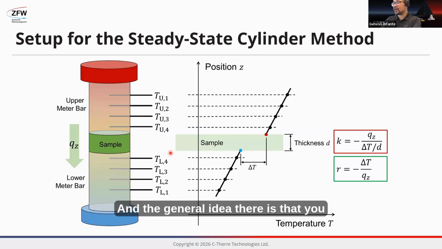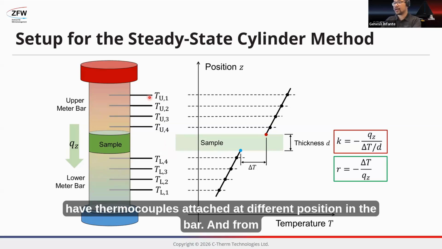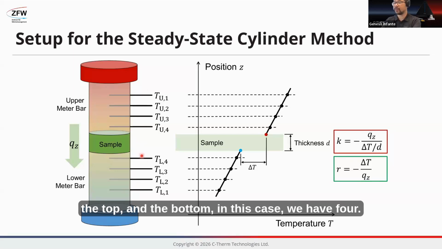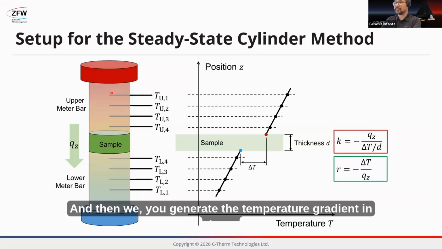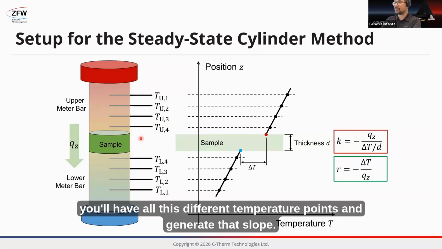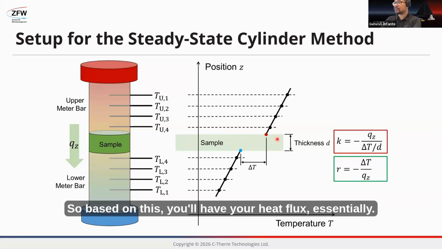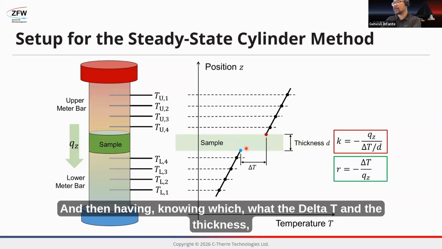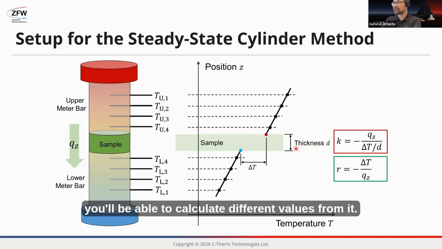The general idea is that you have thermocouples attached at different positions in the bars, in this case four on the top and the bottom, and then you generate the temperature gradient, and you'll have all these different temperature points and generate that slope. Based on this, you'll have your heat flux essentially. And then knowing the delta T and the thickness, you'll be able to calculate different values from it.